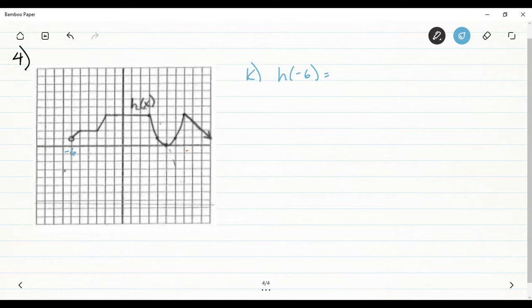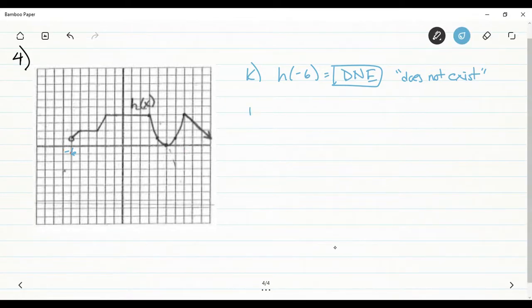What's happening at -6 is that is an open circle. That means that this actually does not exist. Okay, at -6, your function does not exist. That point is not included, therefore cannot be evaluated.